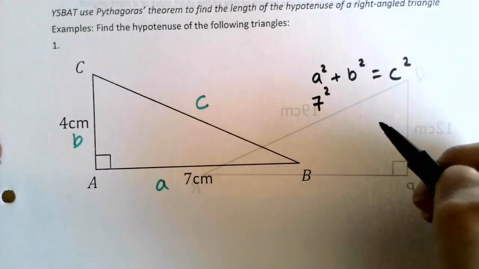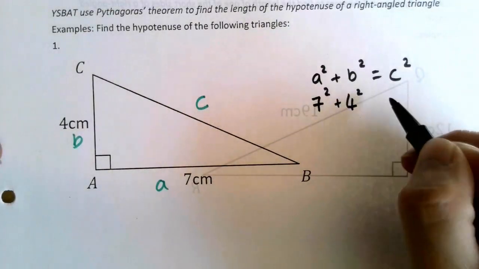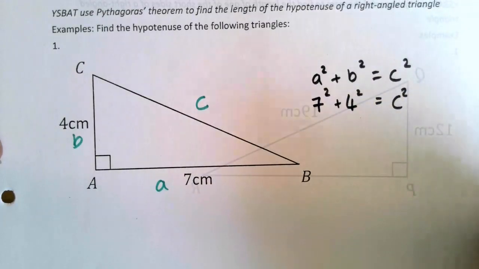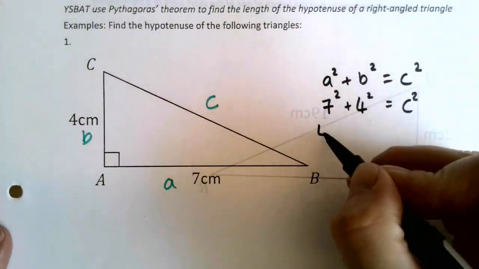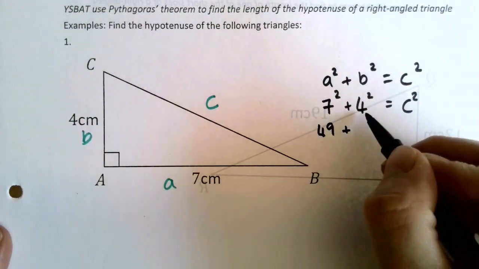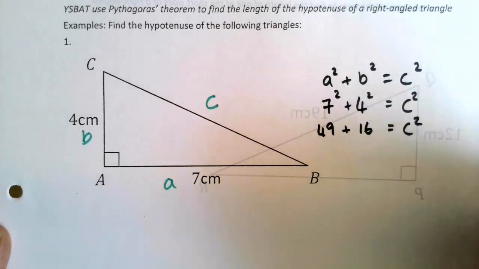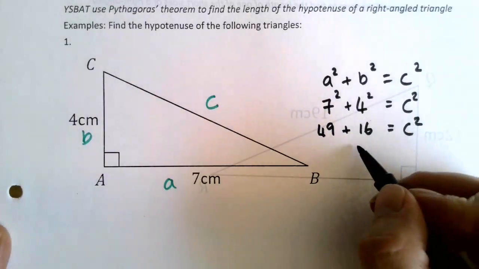So 7 squared plus B is 4 squared equals C squared. And C is the one we're trying to figure out. It's the hypotenuse. Okay, so 7 squared is 49 plus 4 squared is 16 equals C squared. And 49 plus 16 gives us 65.